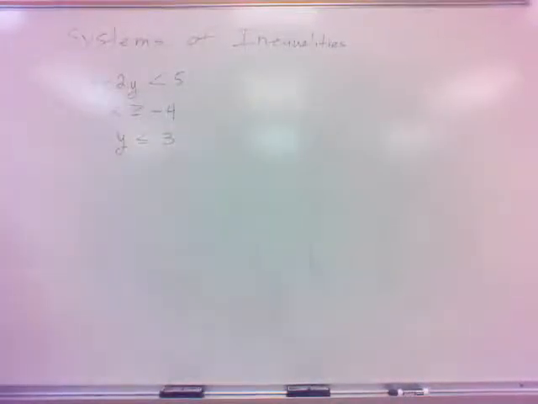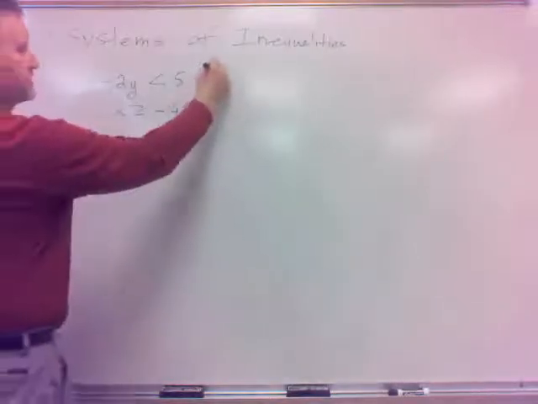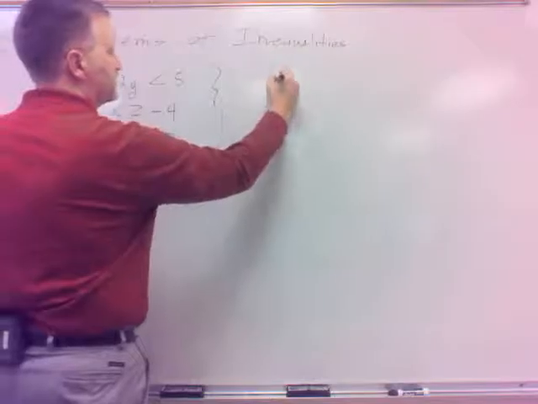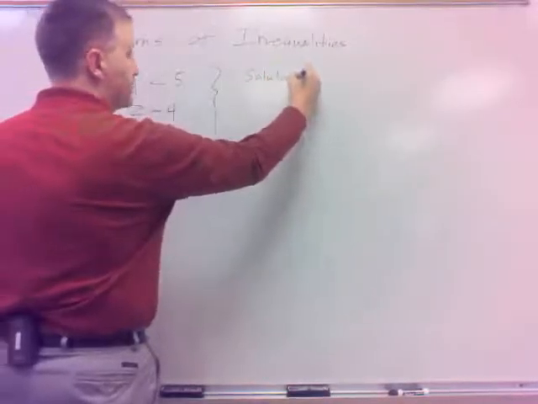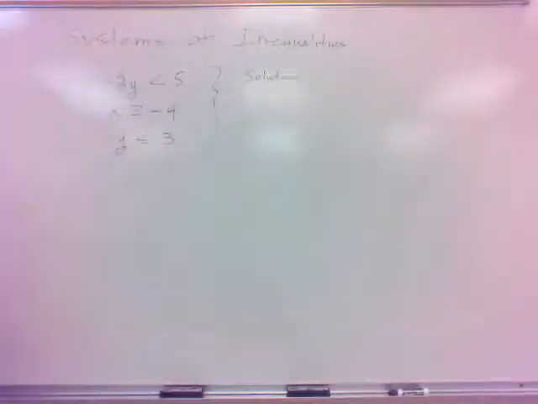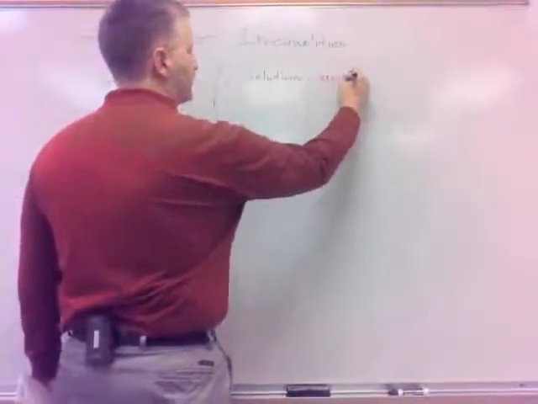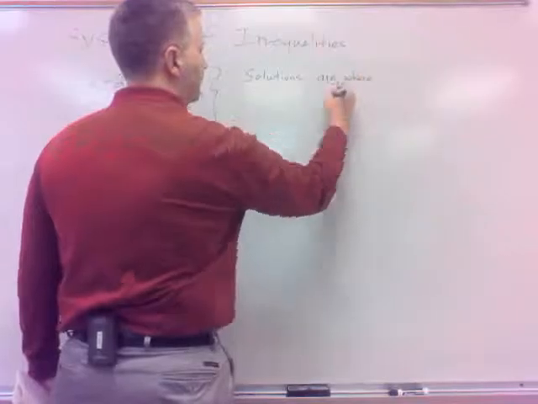So this is a system, and obviously we have inequalities here. And so the solution to the system of inequalities is solutions, because there's going to be quite a few solution points. Solutions are going to be where all the graphs overlap.